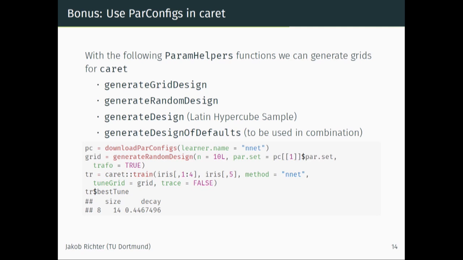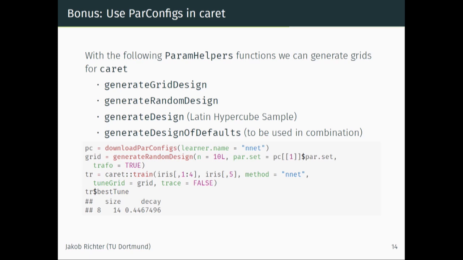And the bonus here is that you can also use this for Caret or for any other stuff, because these parameter sets are not bound to mlr so much. There are some nice helper functions like generate grid design, generate random design, generate design, which generates a Latin hypercube sample.